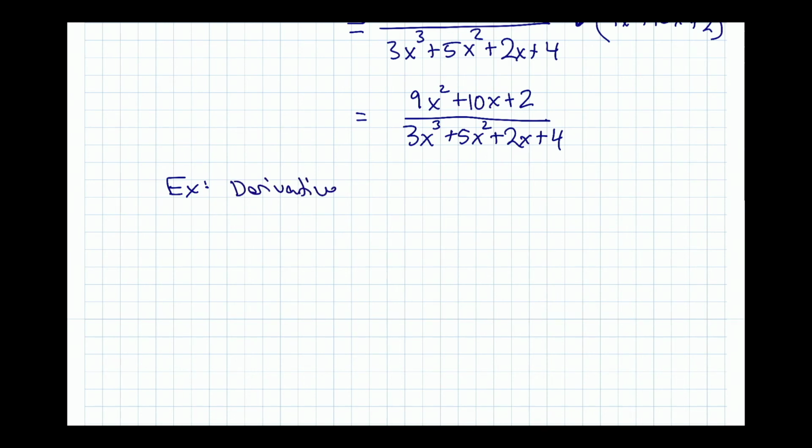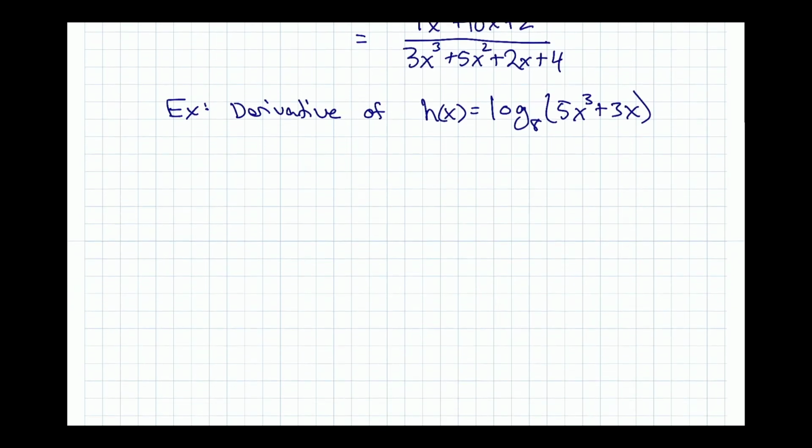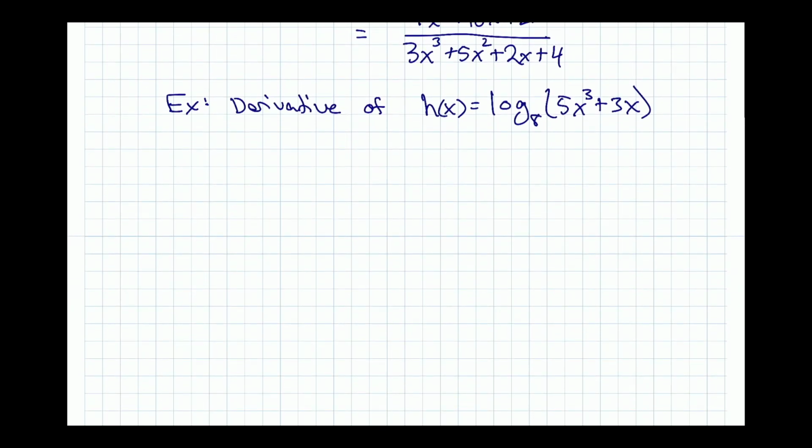Derivative of h of x equals log base 8 of 5x cubed plus 3x. That's just about the same thing as what we were just doing, but this time it's a log base 8. So h prime, how do you do it? Well, again, it's 1 over x, but this whole thing's your x.